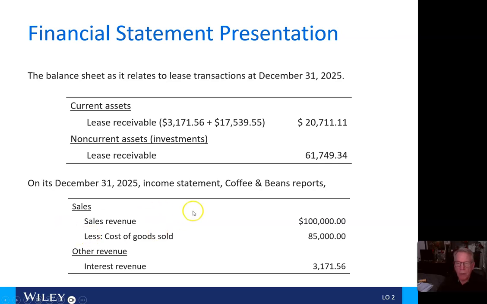So, on the income statement, Coffee and Beans is going to report sales. Here's our sales revenue, our cost of goods sold of $85,000, and other revenue, interest revenue here for $3,171.56.